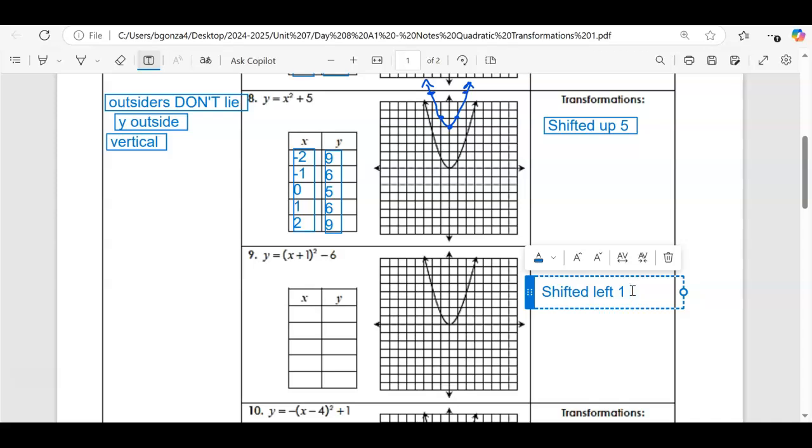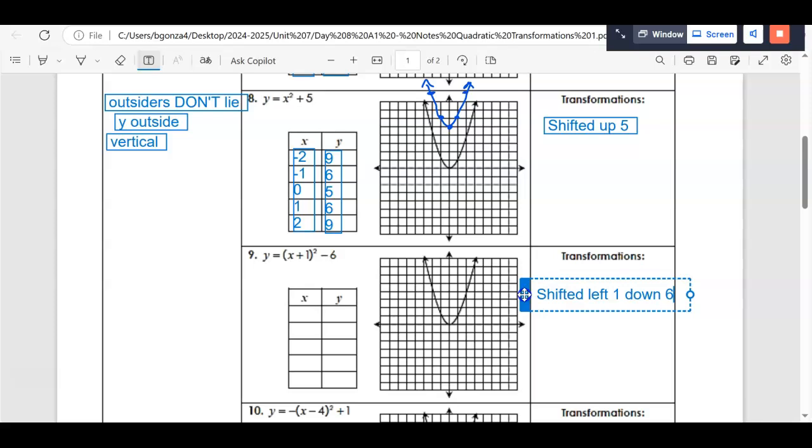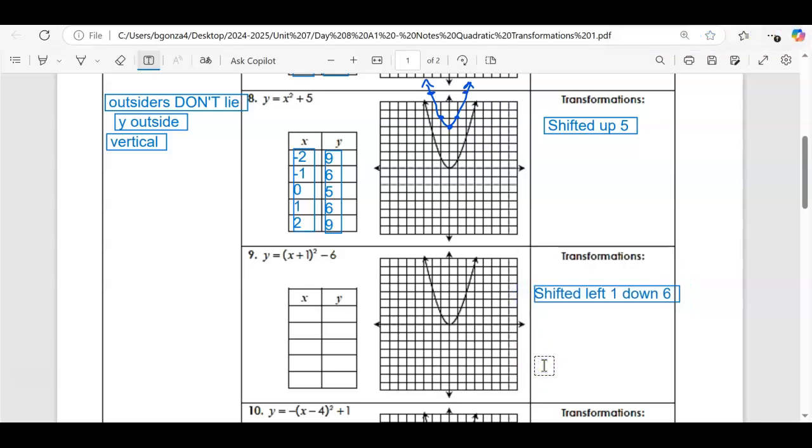Point up or down, whichever way you think. Okay, so down 6. It is not a lie outside the parentheses. Therefore, minus does mean down. Okay, it's only opposite in the parentheses.